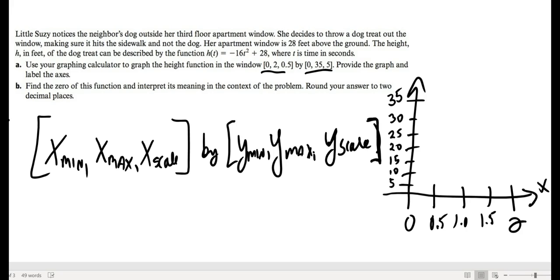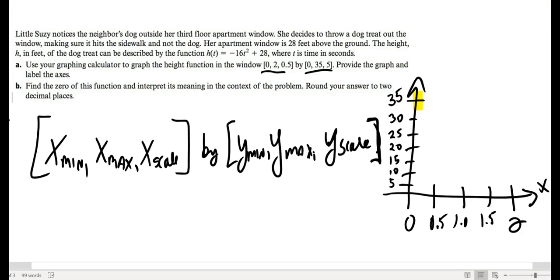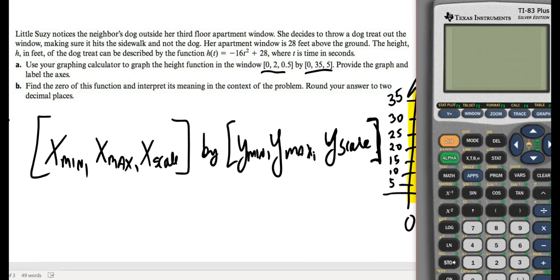So these window specifications tell you that on your calculator now, you're only going to see the area that's been specified in the window. So let's see what it looks like on the calculator. I already entered it into my grapher.